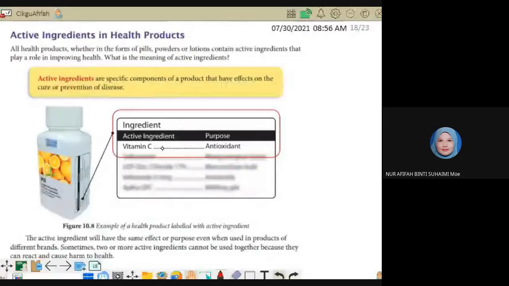Alright. So yang aktif ni lah yang dia punya isi padu ataupun dos dia yang lebih tinggi daripada benda lain. Okay, kita tengok yang aktif tu mesti dia punya ingredient dia lagi tinggi, kandungan dos dia lagi tinggi. Okay, that is active ingredient, specific components of a product. Okay. Alright.